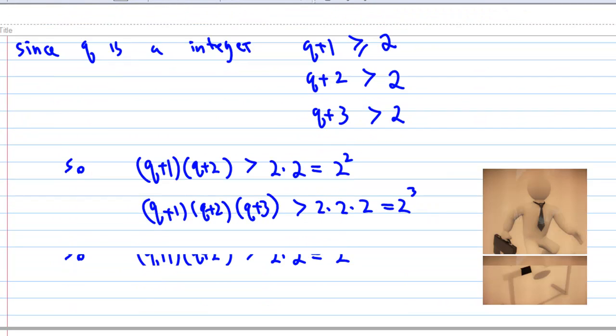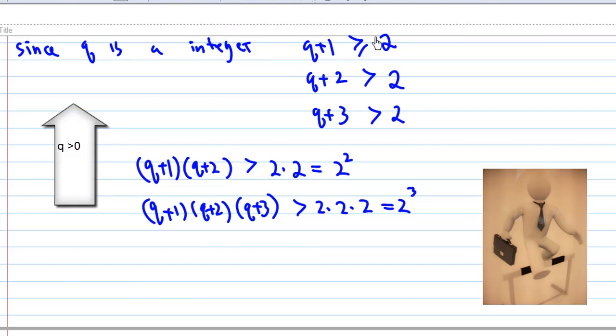Now, we know q is an integer, so q plus 1 will be greater than or equal to 2, q plus 2 will be greater than 2, q plus 3 will be greater than 2. Therefore, (q plus 1)(q plus 2) will be greater than 2 times 2, which is 2 squared.